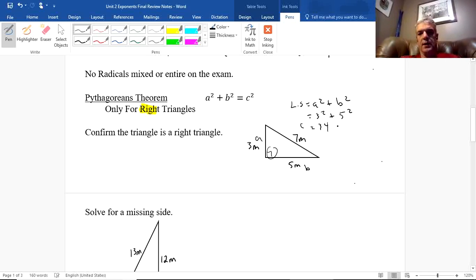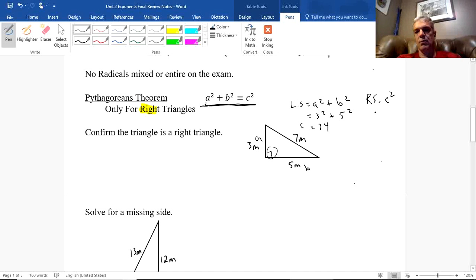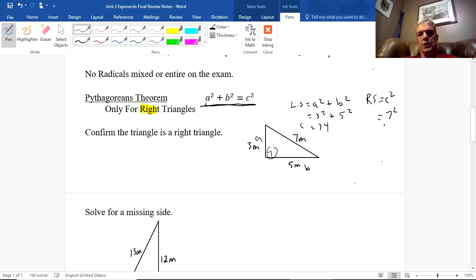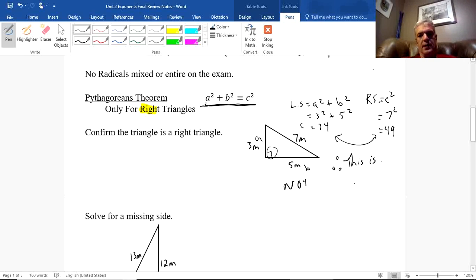And then we go to the right side, which equals c squared. And I'm getting this by the formula here. I'm assuming most kids have seen this before. C squared equals 7 squared, which equals 49. Therefore, these do not equal each other, and therefore this is not a right triangle.